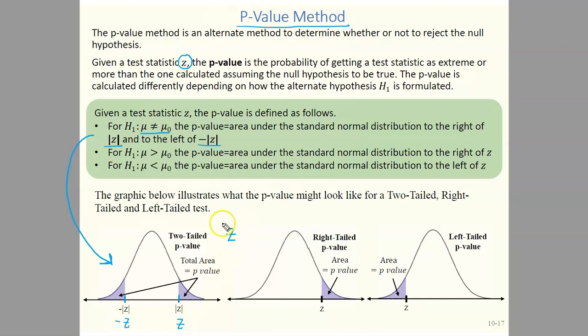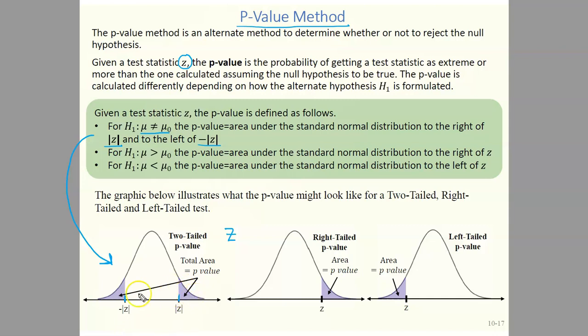On the other hand, if your test statistic is negative, then this is going to be z, and this will be negative z over here. Negative of a negative number is positive. So one of these values is going to be your test statistic, and the other value will be negative of your test statistic. Now the p-value is the area that we have shaded right here.